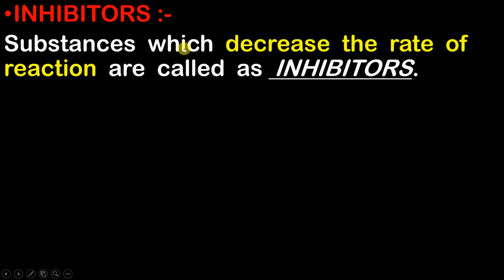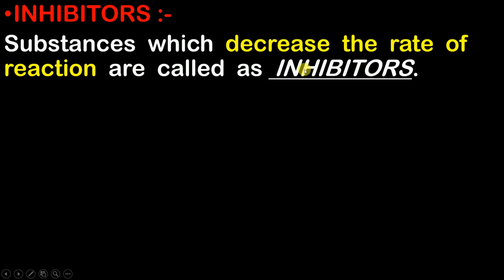Now we need to cover a very short topic. We don't have to go into depth. The short topic is inhibitors. Inhibitors are exactly the opposite of catalysts. The substances which decrease the rate of the reaction are called inhibitors. As we all know, a catalyst increases the rate of the reaction, whereas inhibitors decrease the rate of the reaction.